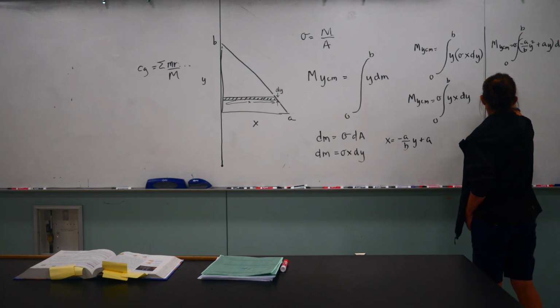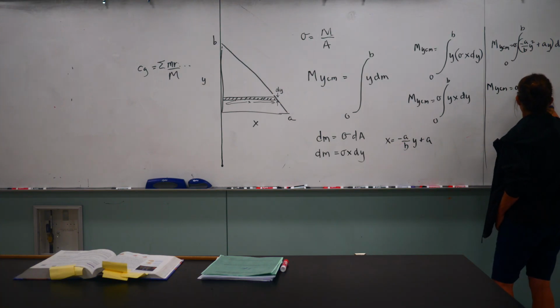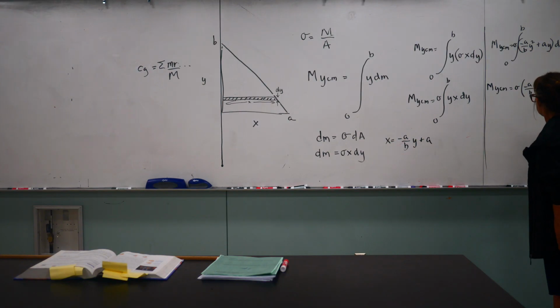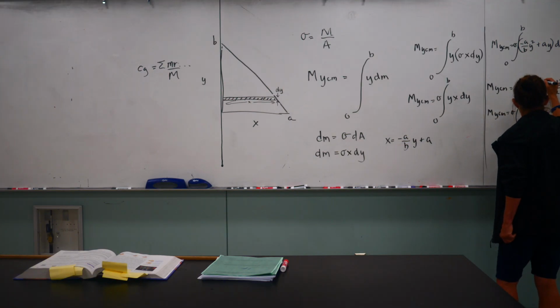So M times y center of mass equals sigma times negative a over b times b cubed over 3, plus a times b squared over 2, minus 0. This is 0 to B.